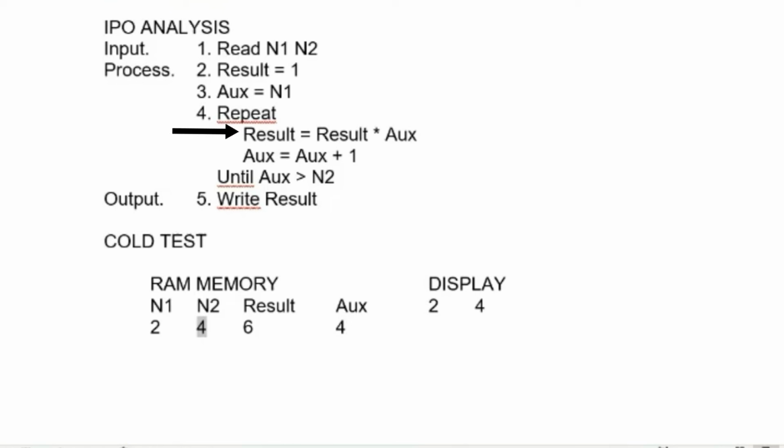So you go to the repeat instruction. Result is equal to result by aux. 6 by 4 is 24. Aux is equal to aux plus 1. Until aux is greater than n2. 5 is greater than 4, that is true. So write result.